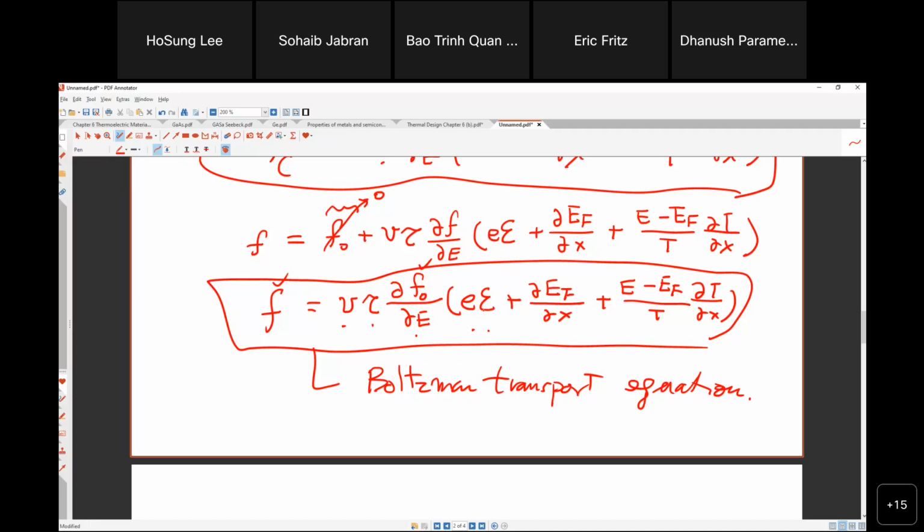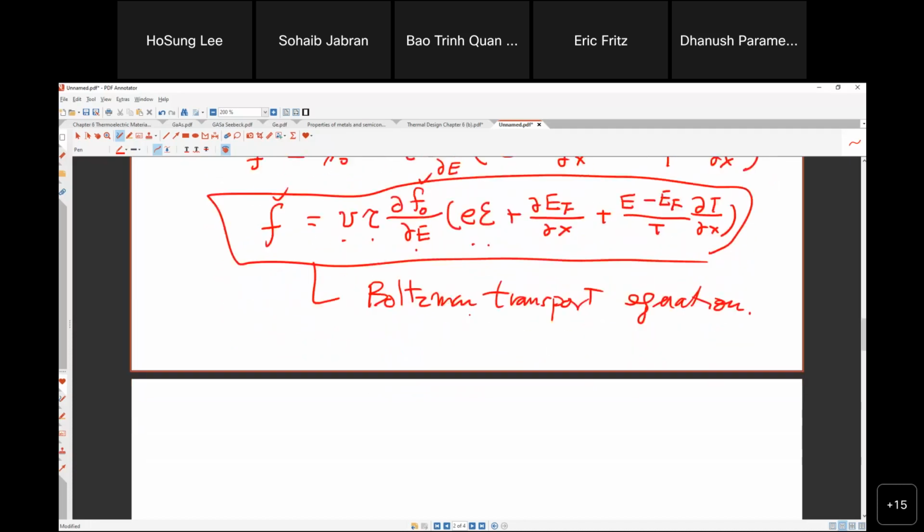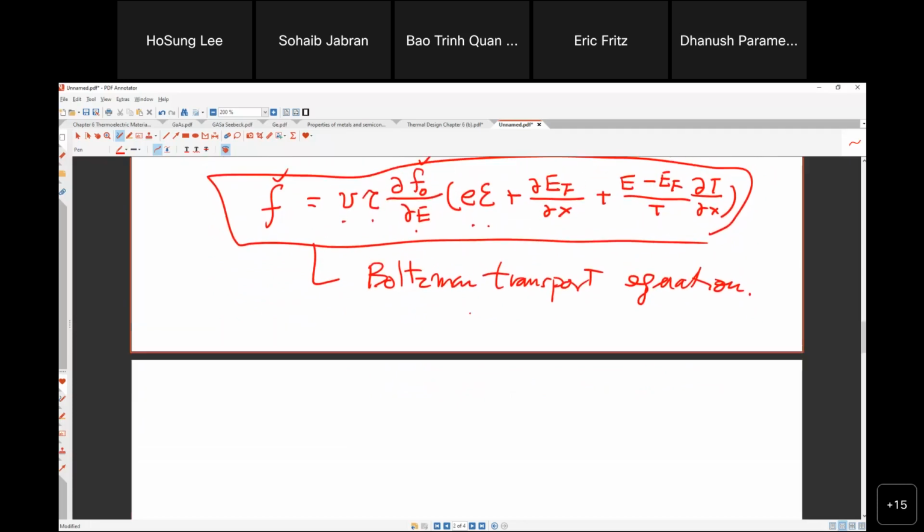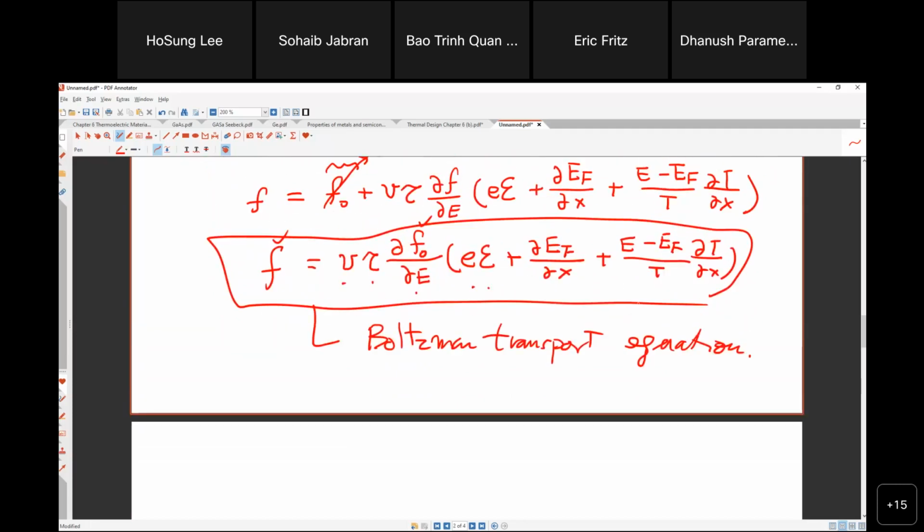Any question? But from this, very important, we know that the temperature gradient is associated with electric field. That's what we saw earlier. But what is interesting is these terms.